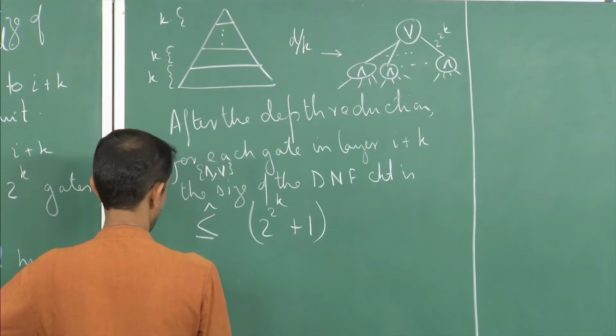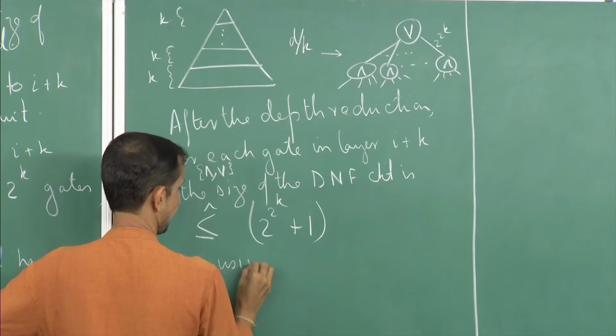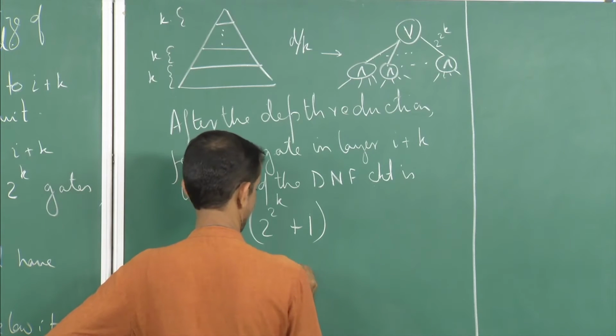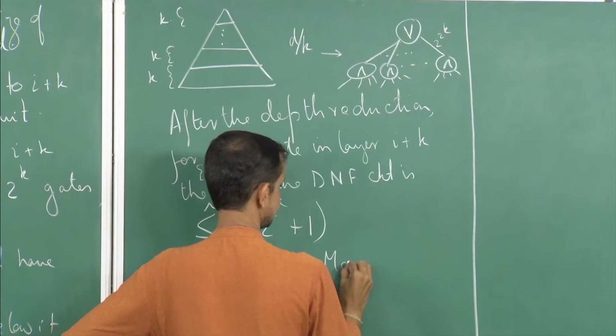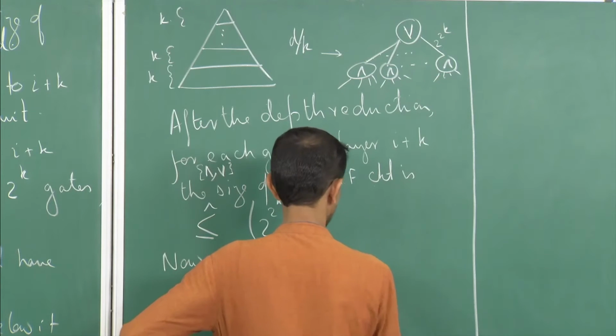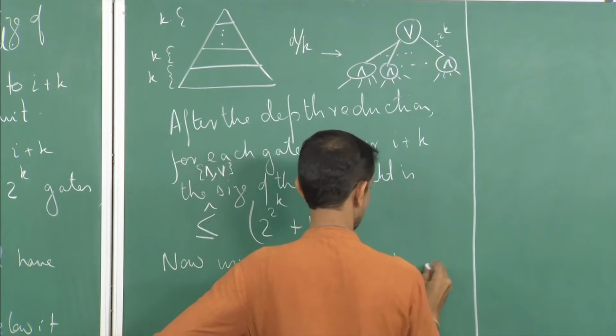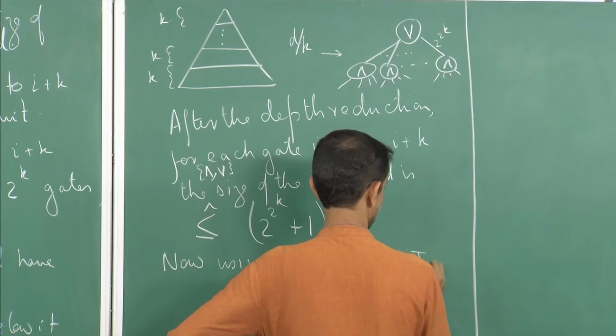Now, using De Morgan's, so now I will have some NOT gates, but I can actually shift all the NOT gates to the bottom by using De Morgan's theorem.